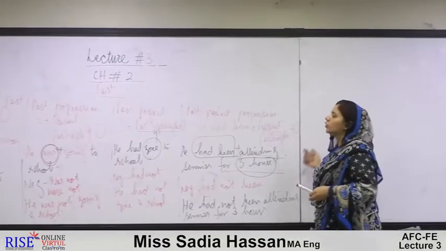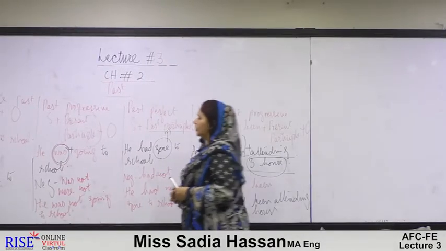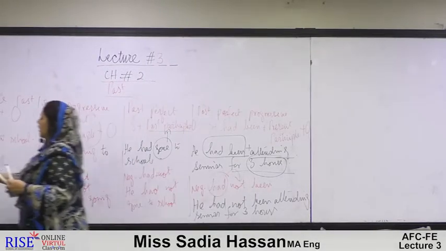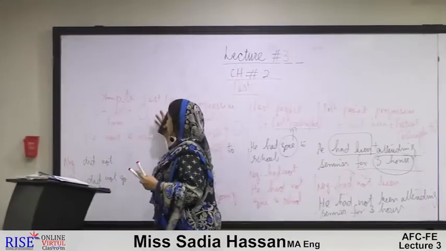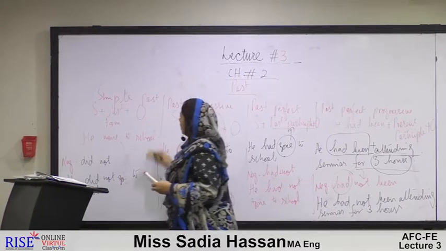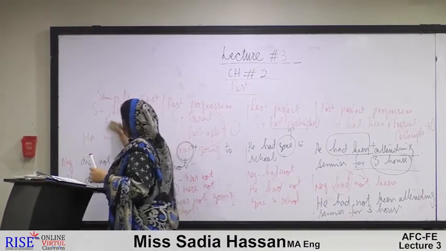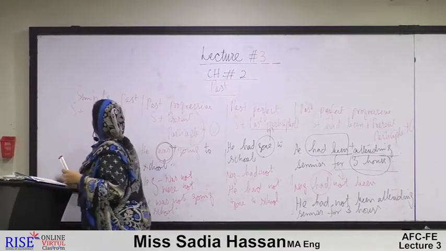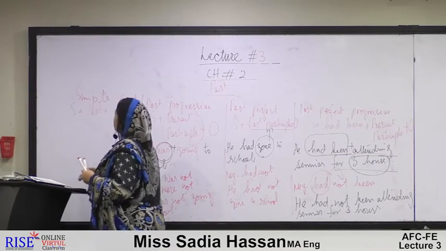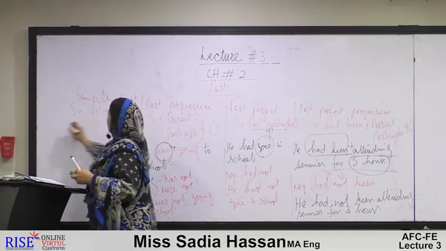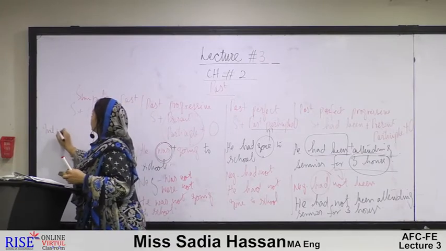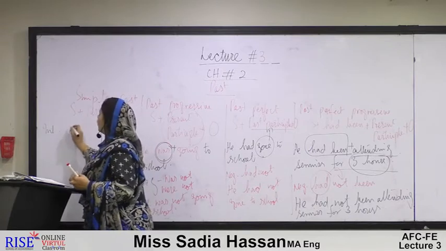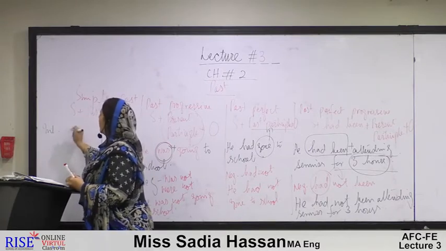Now we move on to the interrogation of these particular tenses. We can always erase some of the area so that the picture becomes clear. For construction of the interrogative sentence, what do we do? We always take the helping verb out.